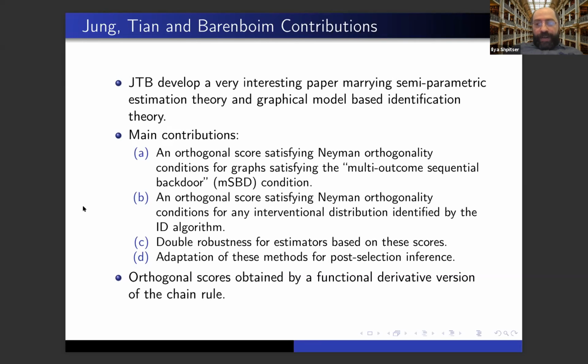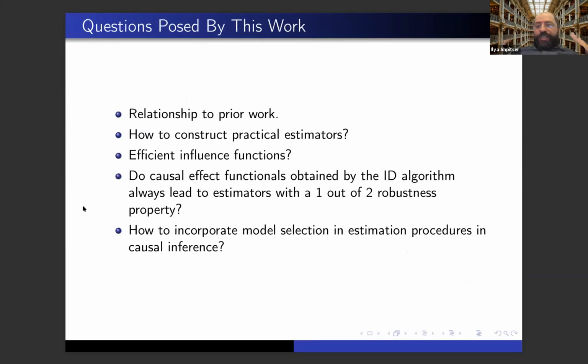And the orthogonal scores, as far as I could understand, were obtained by a functional derivative version of the chain rule. So there are some questions posed by this work that I wanted to discuss, which is relationship to prior work, practical estimators, efficient influence functions, what kind of robustness do we really get, and how do we incorporate model selection really?